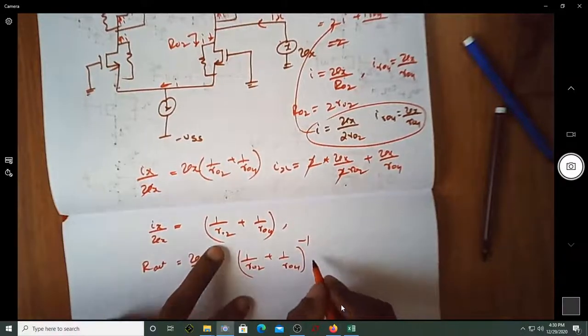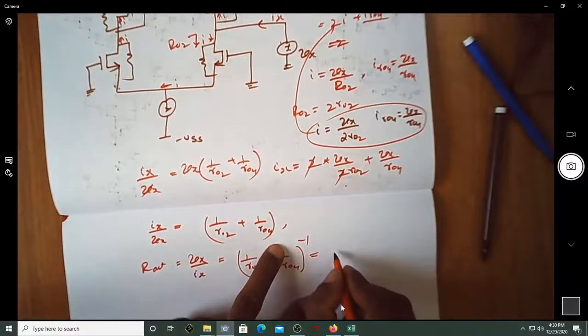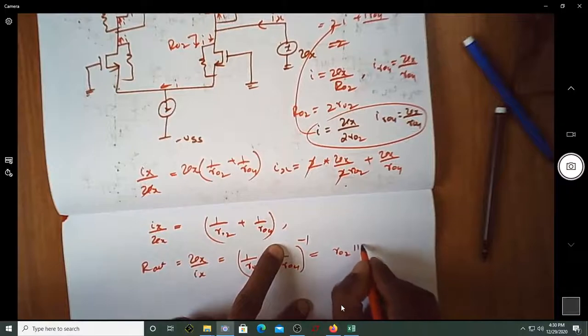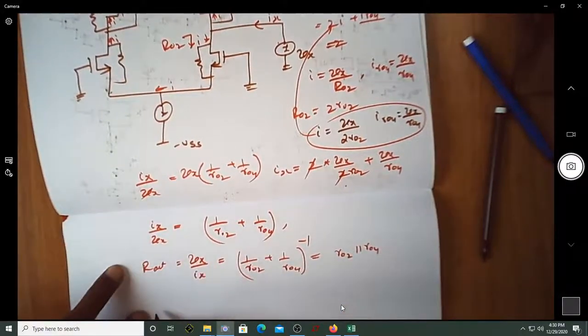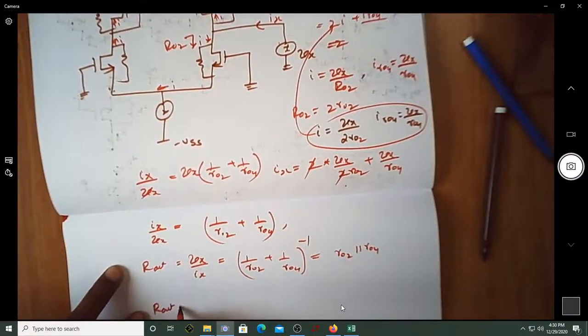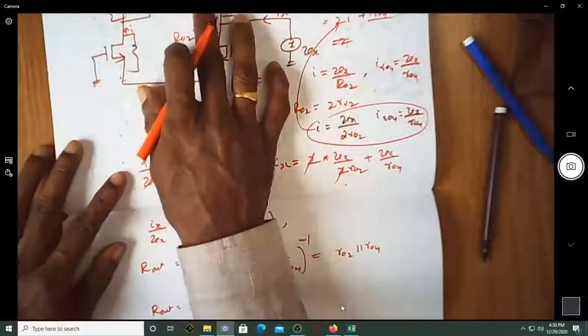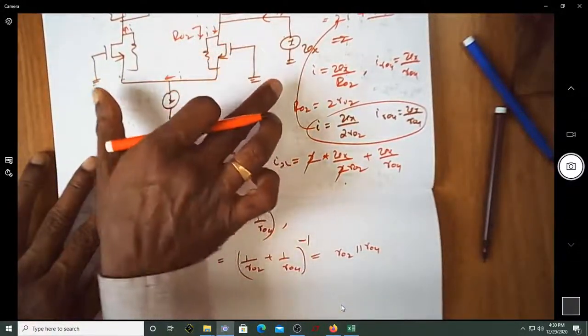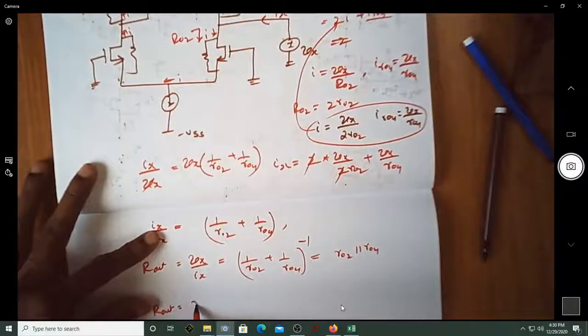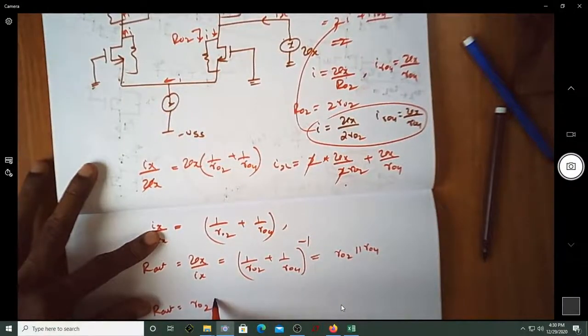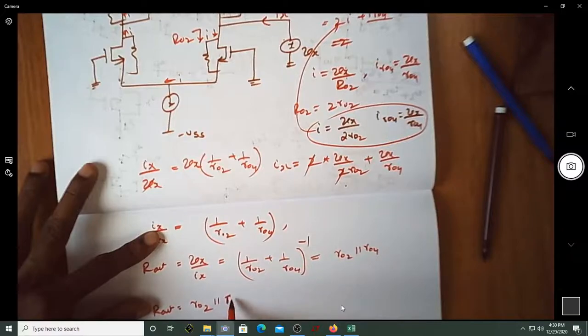This is nothing but R02 in parallel with R04. So the R out expression for this particular configuration with inputs grounded is given by R02 in parallel with R04.